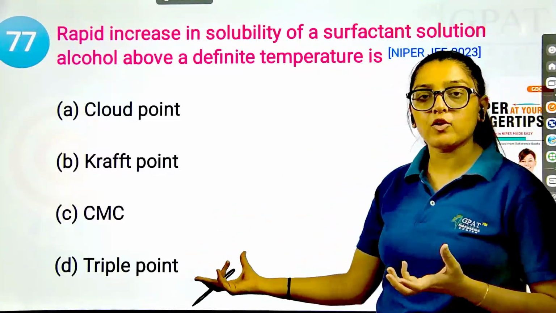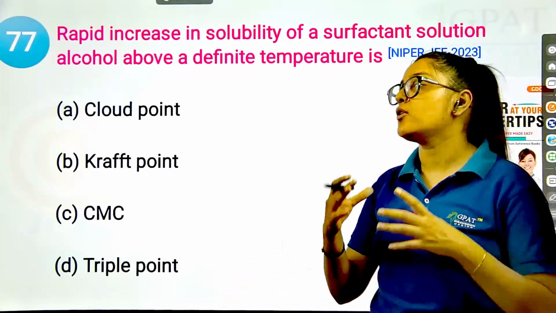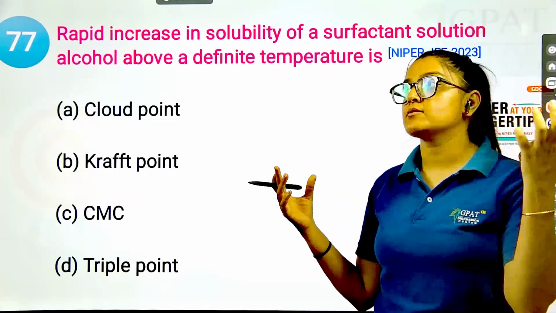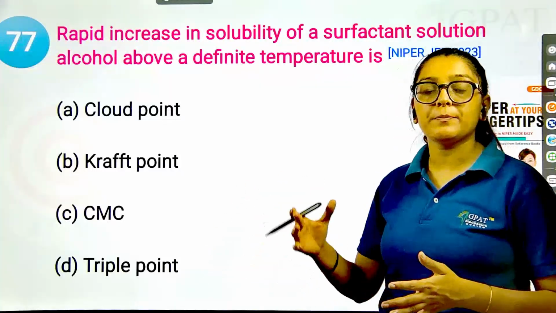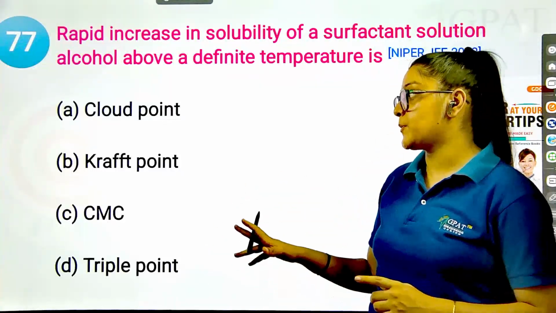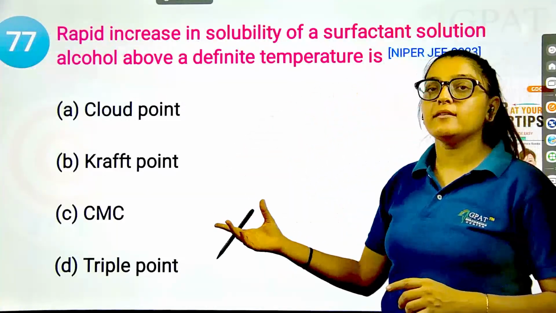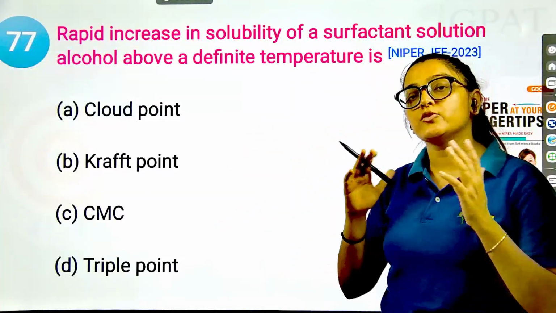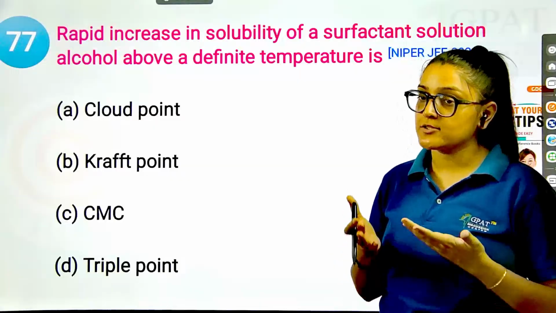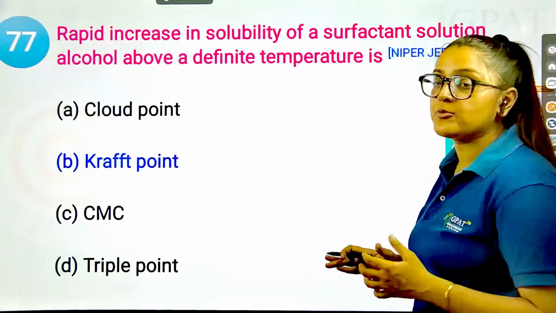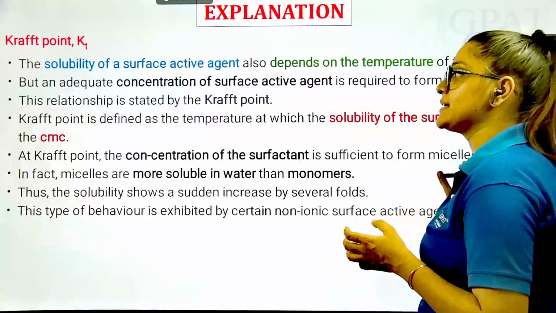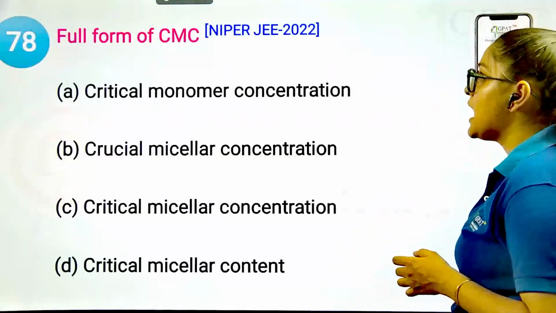Triple point, am I talking about any supercritical fluids or any point where the solid, liquid, gas all exist together? No. This was asked in the GPAT exam, triple point this time, right? Then CMC, above which they are going to orient as micelles, not at all. So in this case, the answer will be your Kraft point. Option B here is correct. Definitely a statement based question was asked.